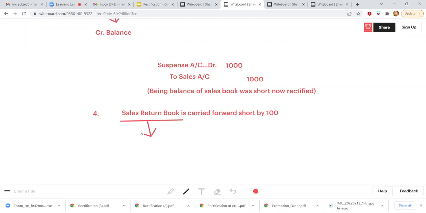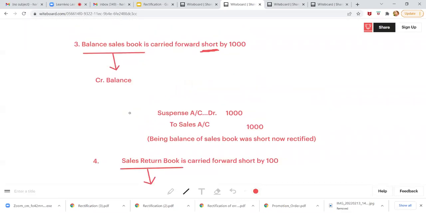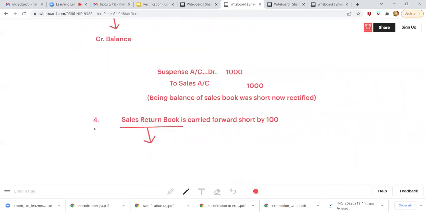No, as you know that there is a credit balance of sales book, so there is the opposite. The balance of sales return is a debit balance, right? Yes. Sales return book has the debit balance.